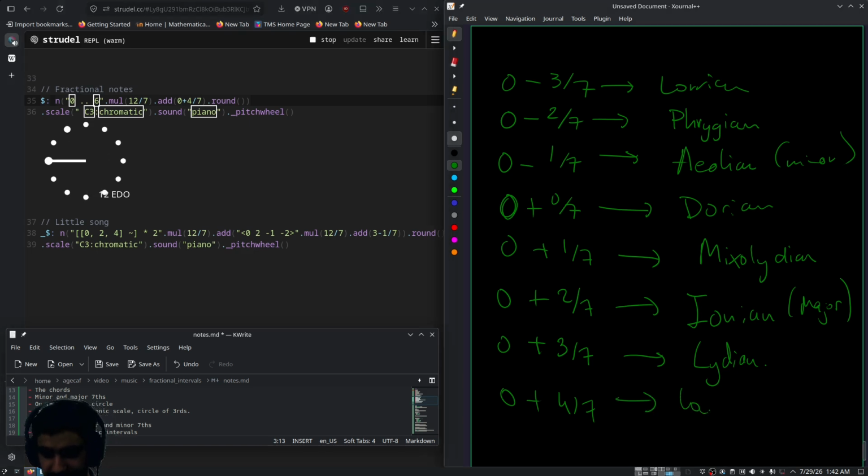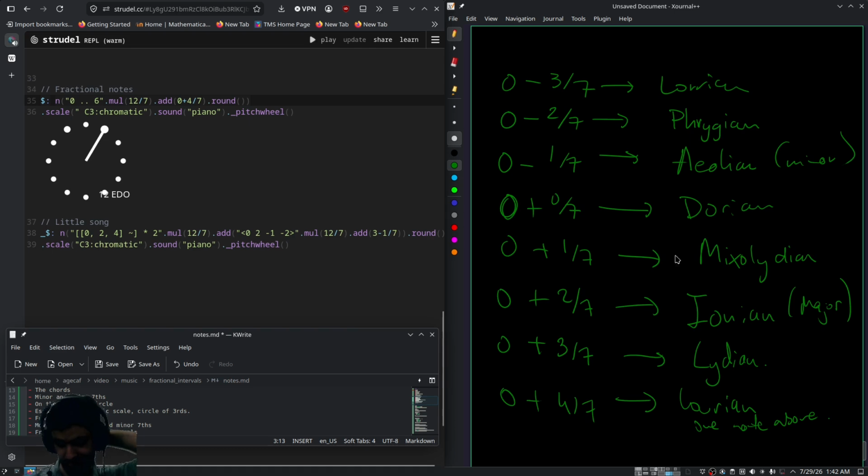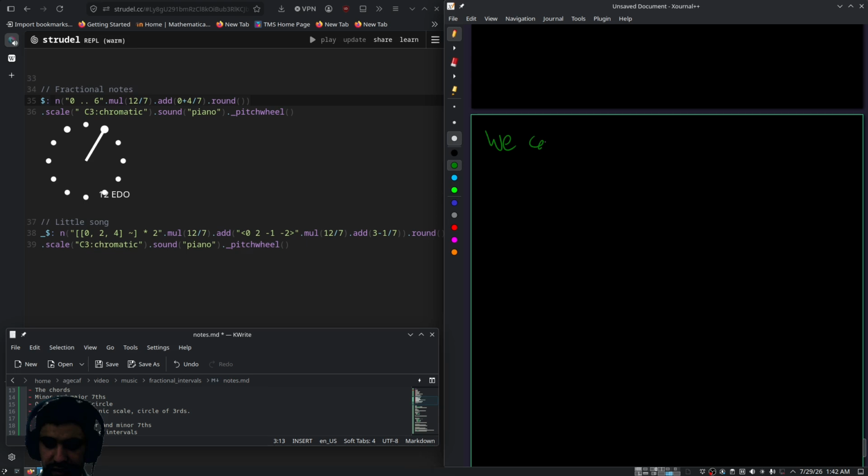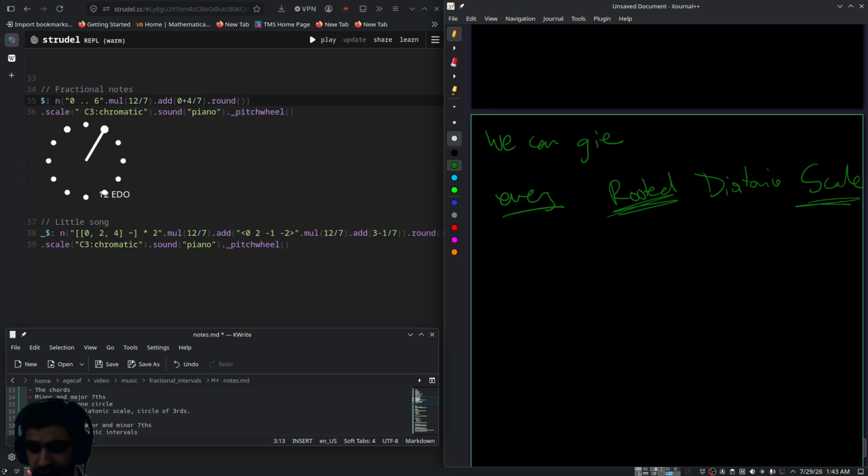We're back to Locrian, but one note above. And so what we can do is we can give every rooted diatonic scale a number. By rooted, I mean that I actually care about what the root is, not just what the notes are.